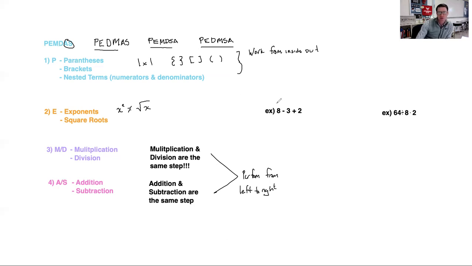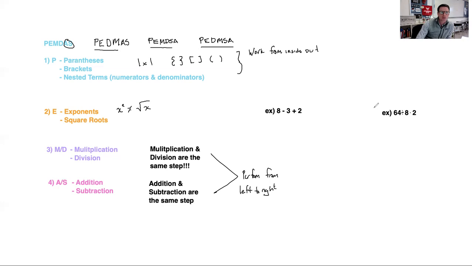So I've put here two examples of this where guys can make this mistake. Okay? So what I'd like you to do is pause it, see if you can solve each of these problems applying the order of operations, and then after solving, see if you can identify what a common mistake might be.